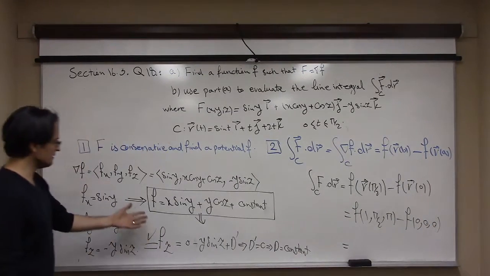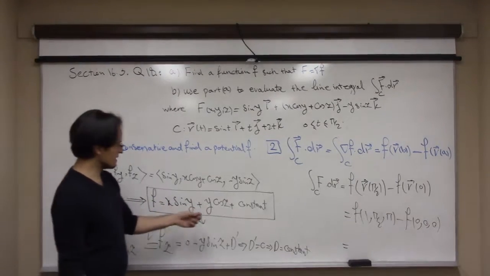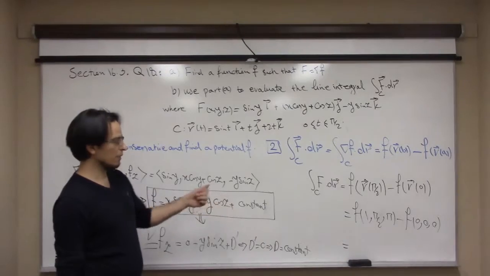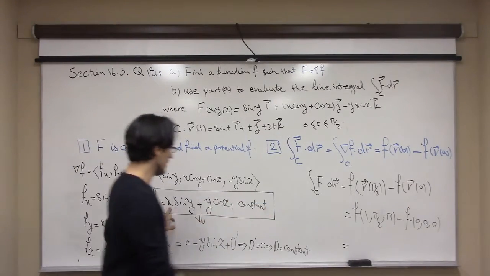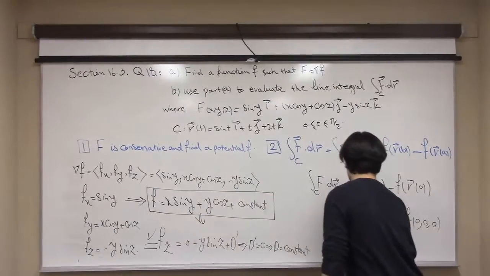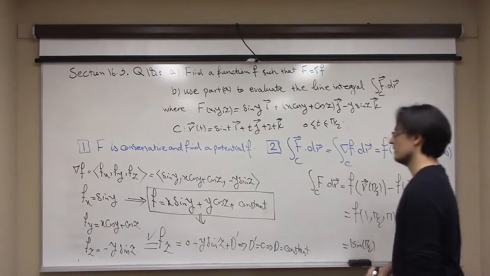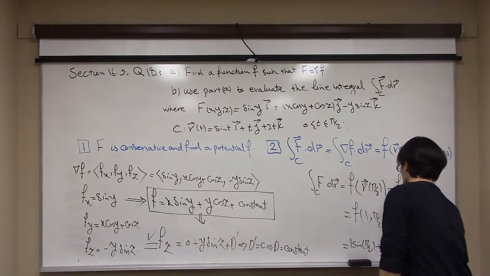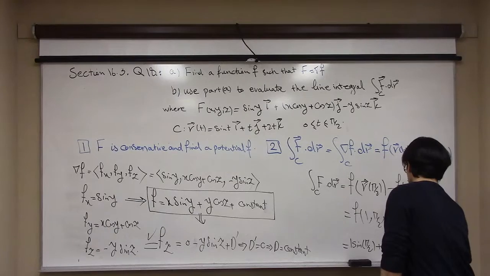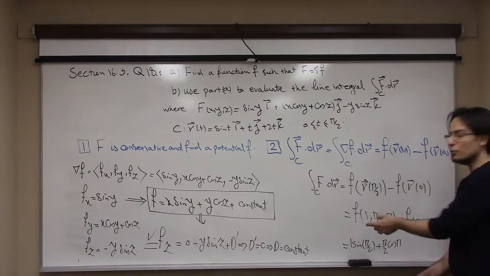Okay, great. Now I have everything because I have my function here. Plug in 1 for x, pi over 2 for y, pi for z. So I have 1 times sine pi over 2 plus pi over 2 cosine pi plus constant. The constant, whatever I put, will cancel.